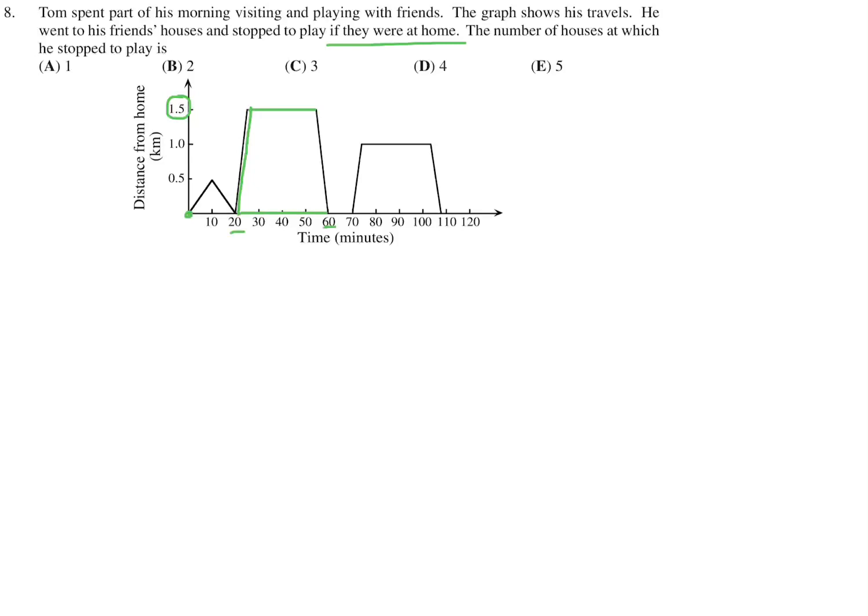So he stays for 40 minutes, and that is where he is playing. Then he goes back home, and after some time he goes to another friend's house, plays for a while, and then goes back home. So he stops to play here and here. Those are two homes where he stops, and therefore the answer would be B.